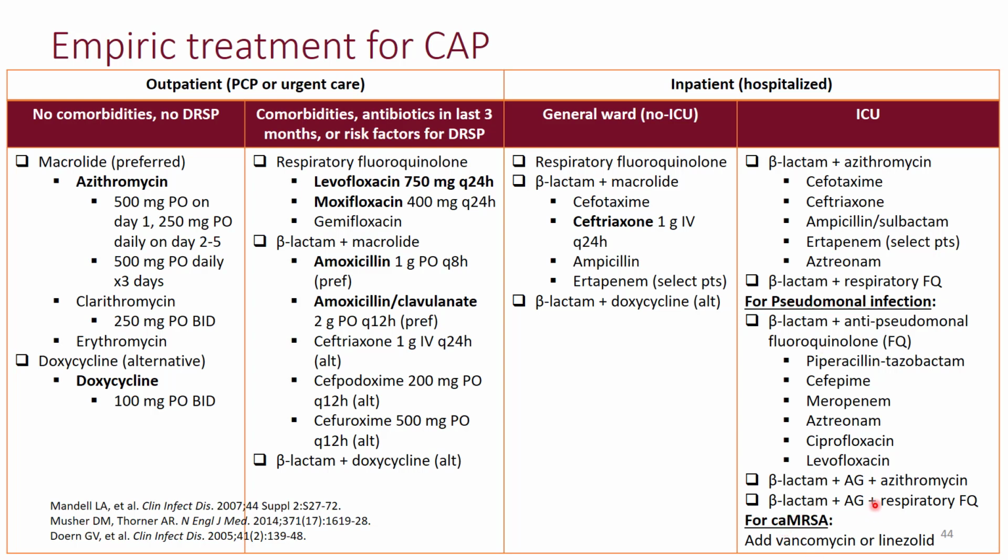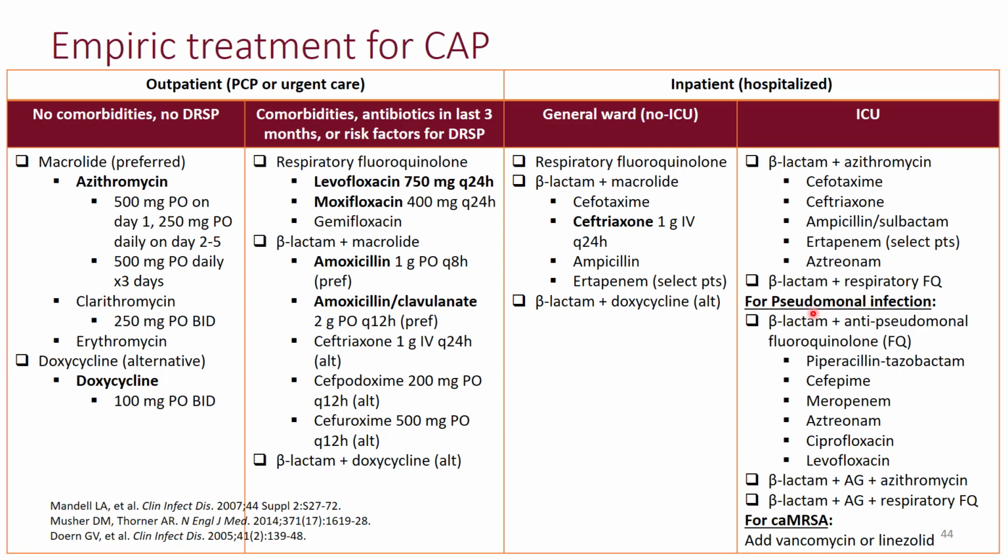So what people tend to do is use beta-lactams that are active against Pseudomonas. So piperacillin tazobactam is active against Pseudomonas. Cefepime, and of course, meropenem is a carbapenem that's active against Pseudomonas. And then you add vancomycin or linezolid to the previous regimen to cover for MRSA.